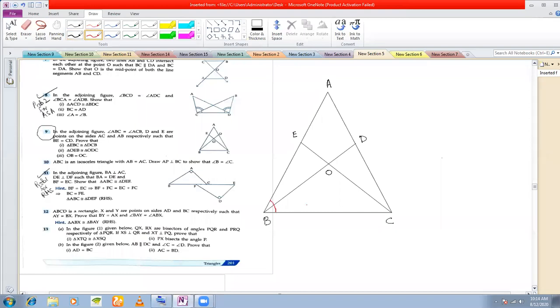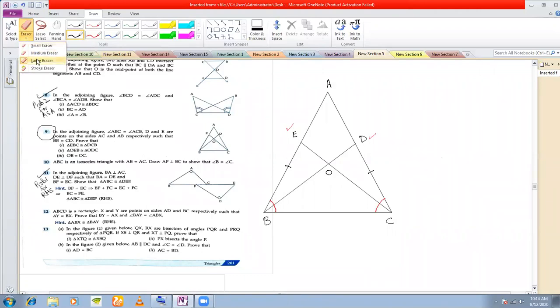ABC is given to be equal to angle ACB. Okay. D and E are points on the sides AC and AB. So you have D here and E here. They are points on the sides of the triangle such that BE is equal to CD. Fine. So BE is equal to CD means this must be equal to this.